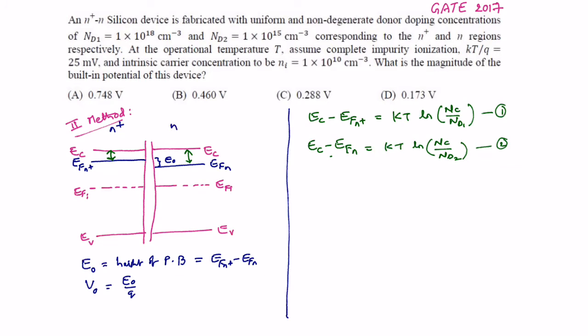So subtract 1 from 2. So what you are doing is nothing but 2 minus 1. Then EC gets cancelled and EFN plus will become positive.